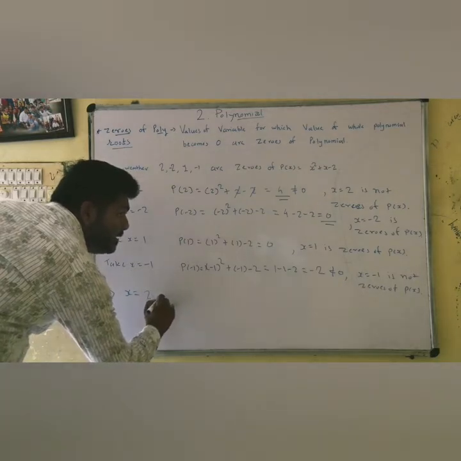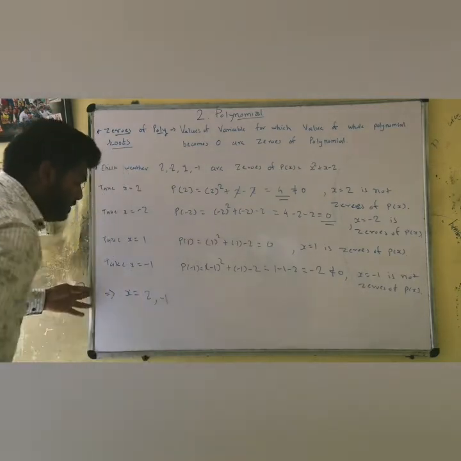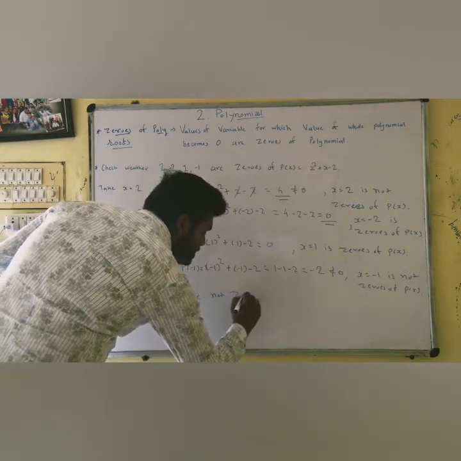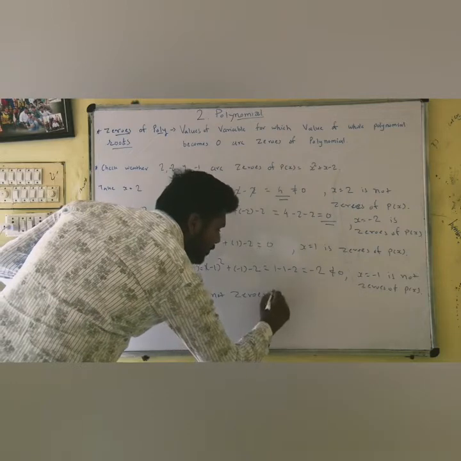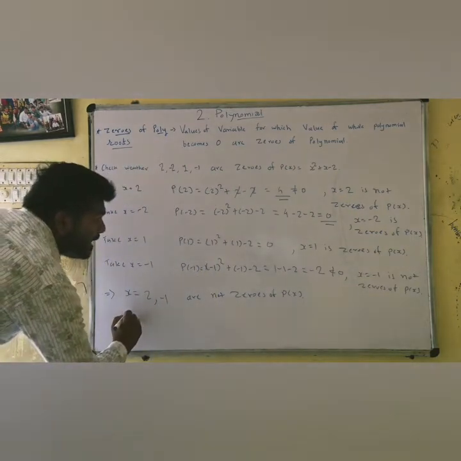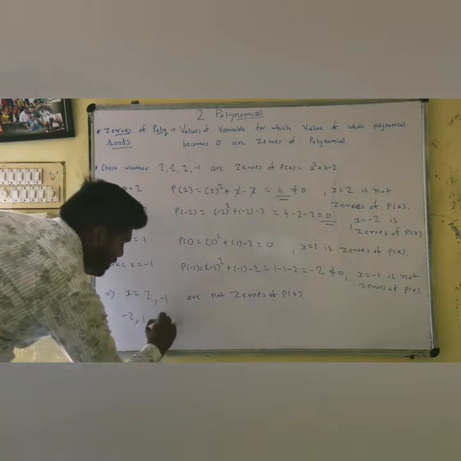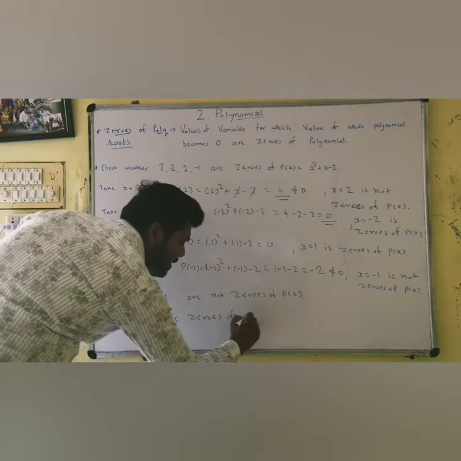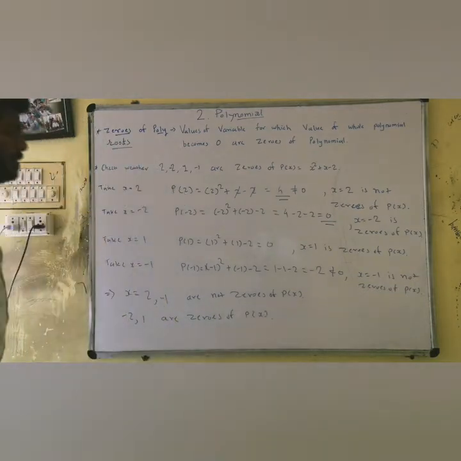So, at last we can say x equals 2 and minus 1 are not zeros of p of x, and minus 2 and 1 are zeros of p of x. Understood everyone?